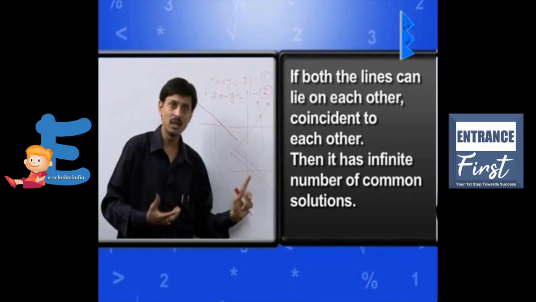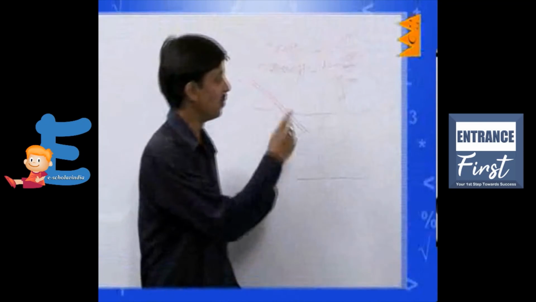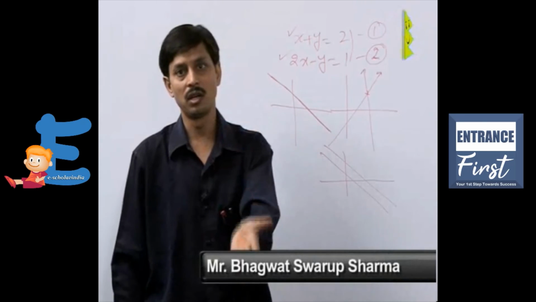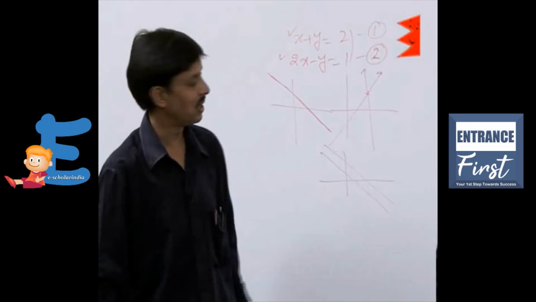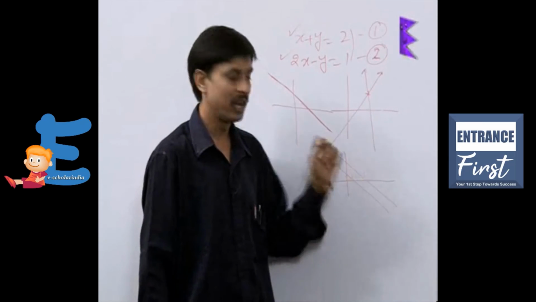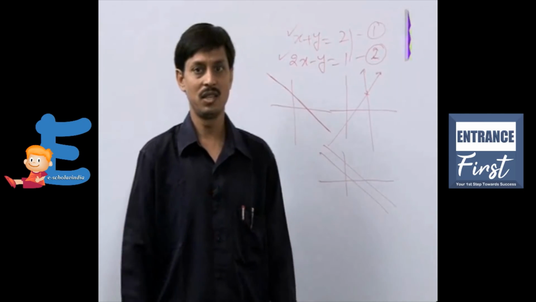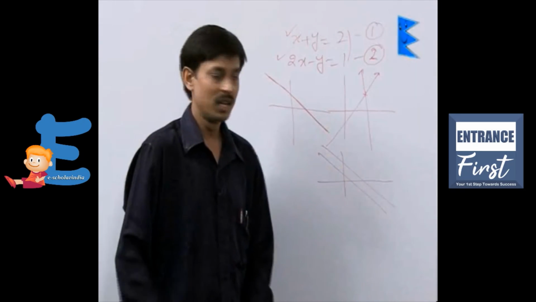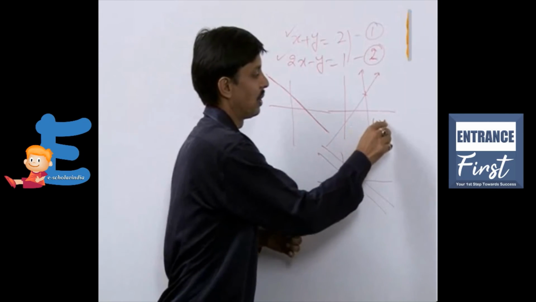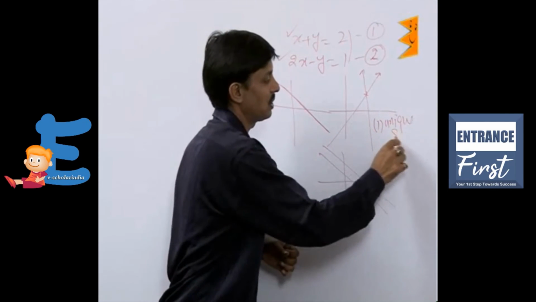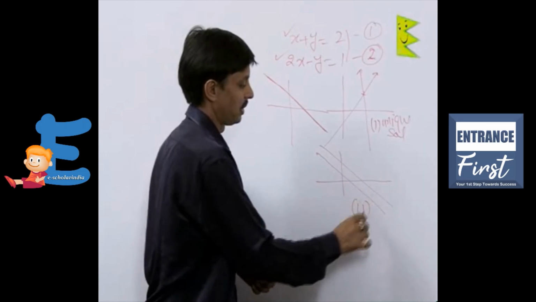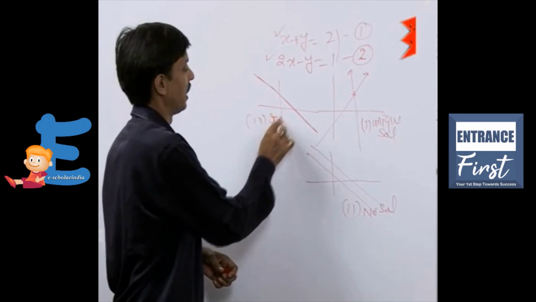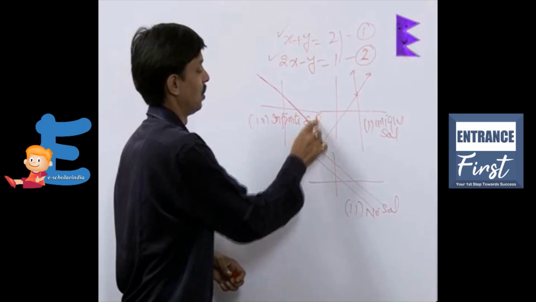So from here we have three types of solutions. First, a unique solution, also called consistent, or consistent with unique solution, or intersecting lines. Second, if lines are parallel, there is no solution, and we say it is inconsistent. And the third situation is infinite solutions.